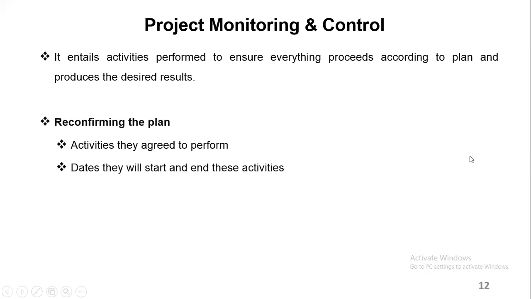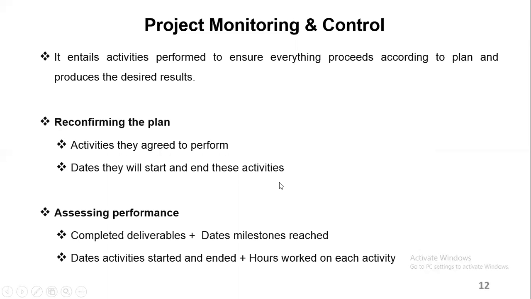When you're doing monitoring and control, you need to reconfirm the plan. You need to check that all the activities that you have agreed on are being performed, and the start dates and end dates for the activities. Remember, when you are doing the network diagram, you need to make sure that everything is going according to that. You also need to assess the performance for all completed deliverables and all dates for milestones.